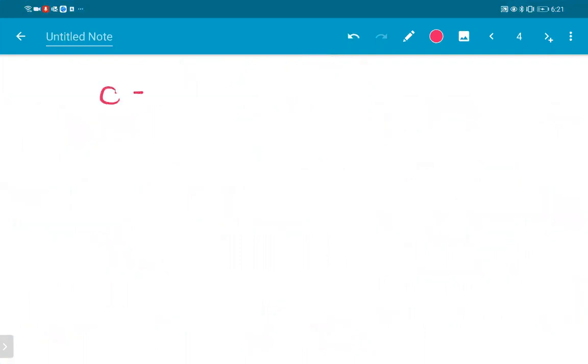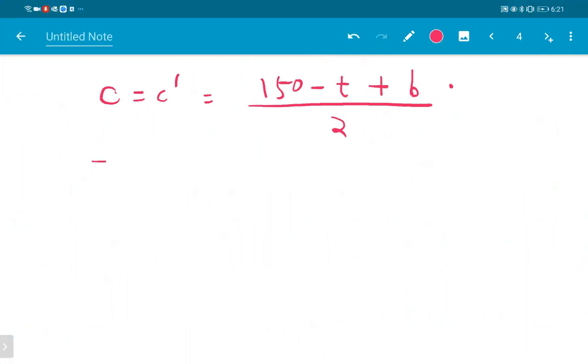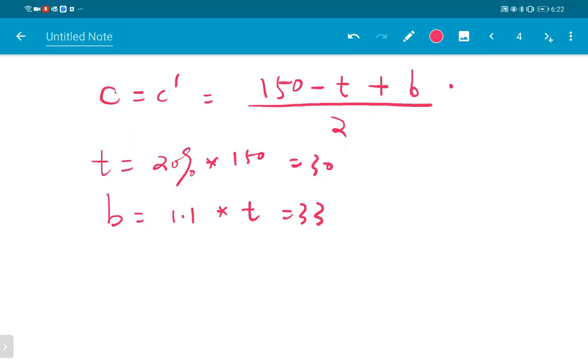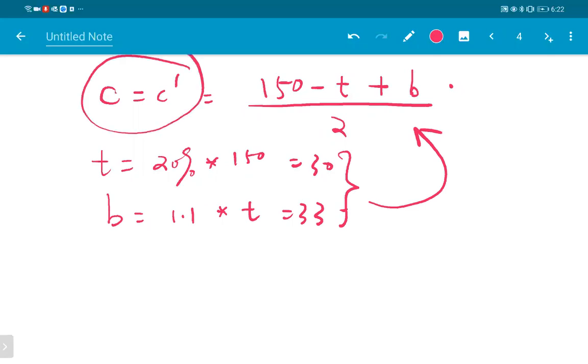So C equals C prime equals (150 minus T plus B) divided by 2. And we find T equals 20% times 150 equals 30, and B equals 1.1 times T equals 33. Then we plug these two numbers back in, and you immediately find C and C prime.